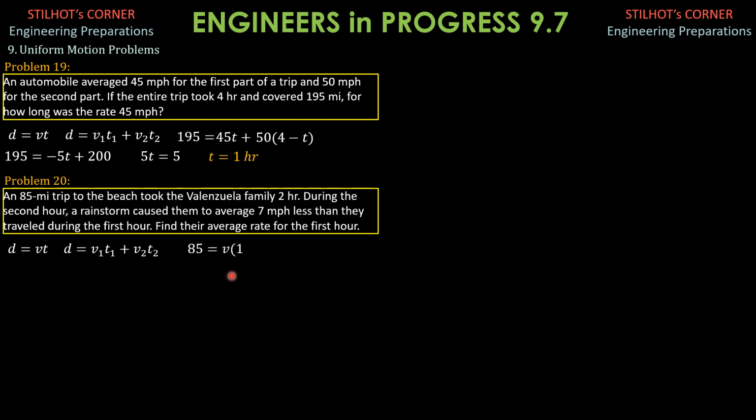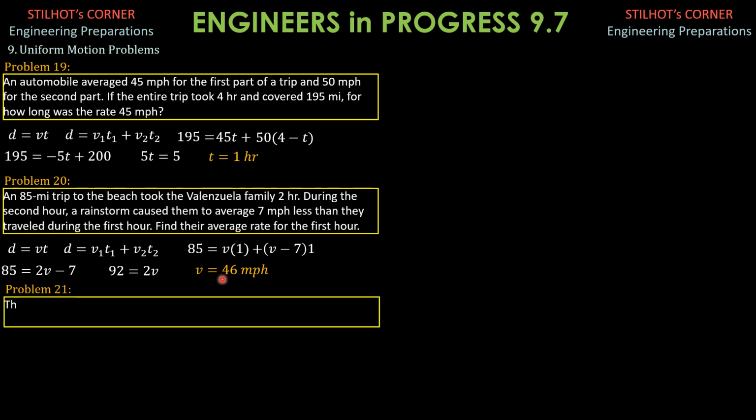So 85 equals V times 1 plus quantity V minus 7 times 1 for the second hour. So 85 equals 2V minus 7. So 85 plus 7 is 92 equals 2V. So V is 92 over 2, so 46 miles per hour. That's the average rate for the first hour of the trip.